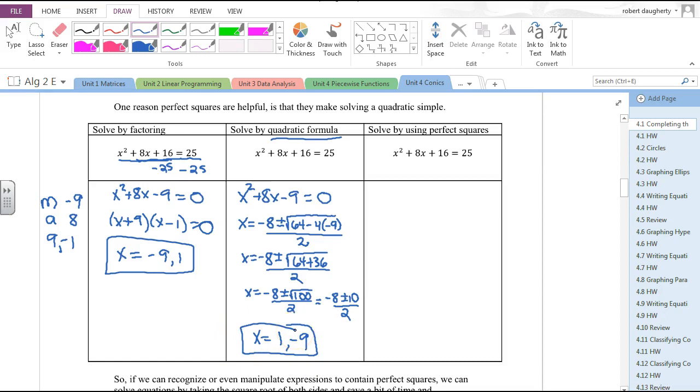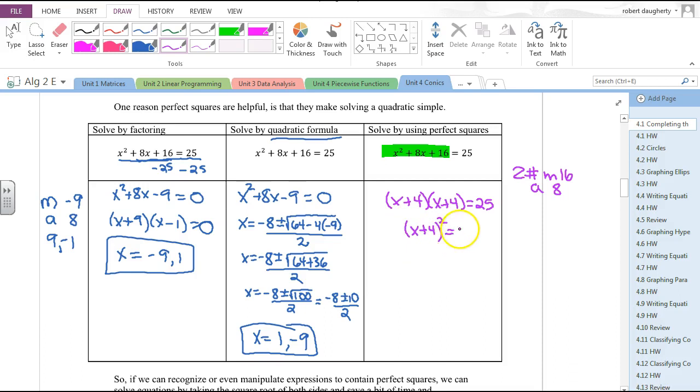Now, how would perfect squares come into play? Look at the left side of this equation. Are there two numbers that multiply to 16 and add to 8? 4 and 4. So this can be written as x plus 4 times x plus 4 equals 25, or x plus 4 what?